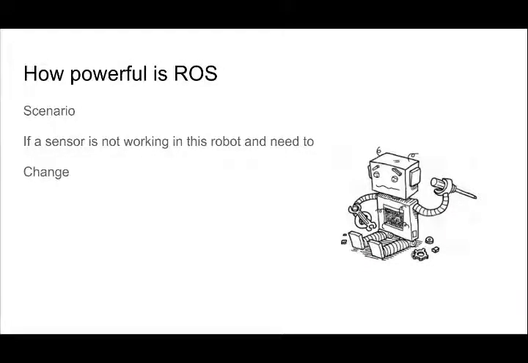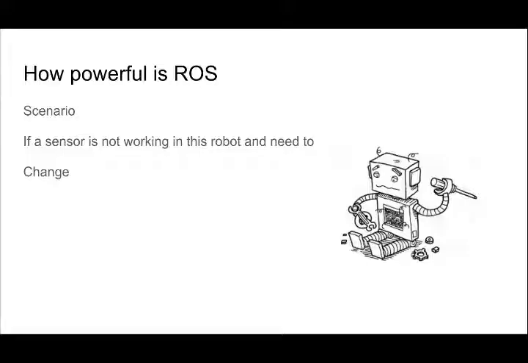How powerful is ROS? This is a bit of an odd question right now because we have just started this tutorial and we don't know how to use ROS. So let me give you a scenario. You just built your robot and it works fine.